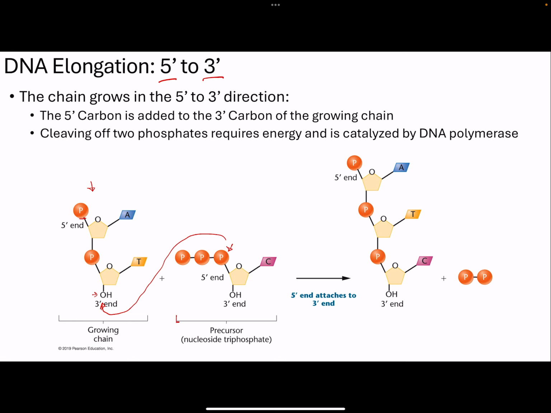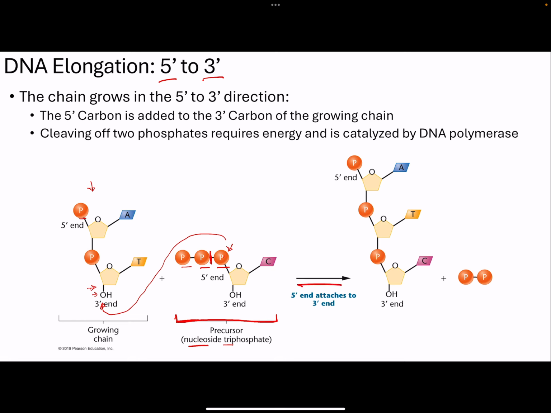This particular image is showing you a different kind of precursor nucleotide than what I've shown you in the past. This is specifically a nucleoside triphosphate, referring to the 3 phosphate groups that are attached to this nucleoside. 2 of these phosphate groups are cleaved off, and the energy that's released through the cleaving of that phosphate bond allows the phosphodiester bond to form between this phosphate group and the 2-deoxyribose sugar that's shown in this picture.